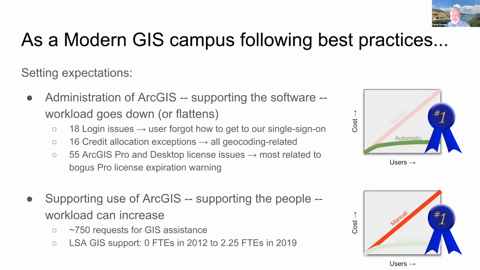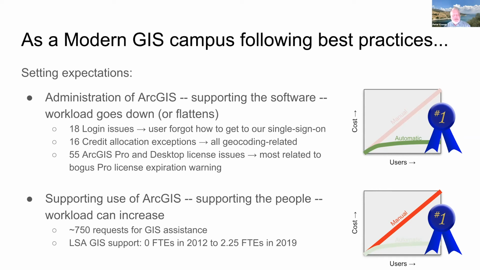As we got near the renewal dates for our ArcGIS Online instance, users started getting expiration messages for Pro, even though we had already renewed our license. And that happened right up until the day that the license renewed. But you can imagine that put a lot of panic in students and faculty who are in the middle of doing things and thought the software was going to disappear on them. Hopefully that number will go back down next year.